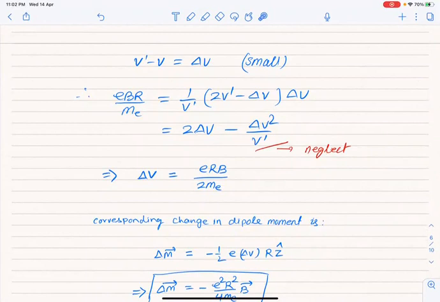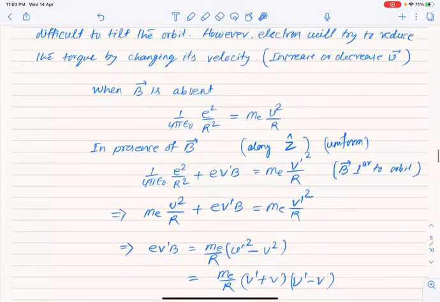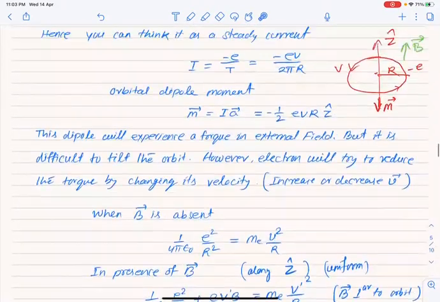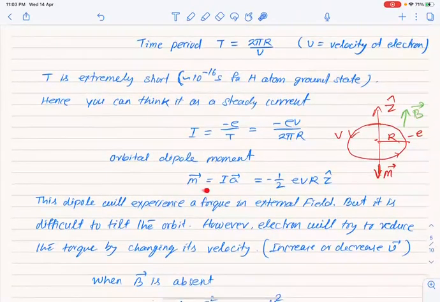So once you know the change in delta V, now you can write the corresponding dipole moment. What is the change in the dipole moment? And that's your delta M corresponding to delta V. That turns out to be, because your dipole moment is nothing but, and I have already shown you here, dipole moment is this one, where I have seen, yeah, here. So the dipole moment is nothing but half E V R Z cap.